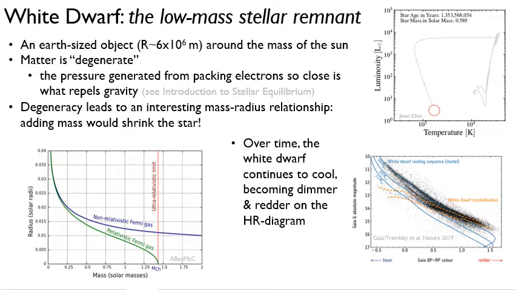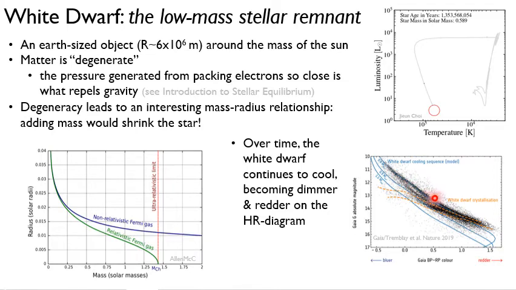As far as what happens to this white dwarf, if it's isolated, then it will just continue to cool over time. So if we were to follow our white dwarf on the HR diagram, with luminosity versus temperature, it would follow one of these blue curves, depending on the mass.